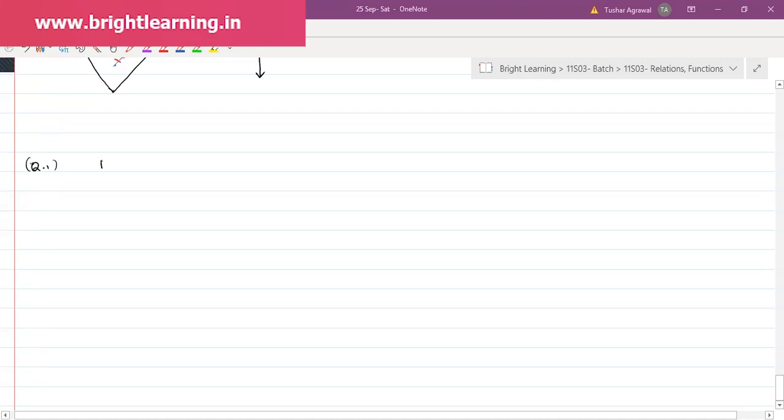Modulus of x. This graph you already know. Very simple graph. Draw a rough sketch of, first, y equals modulus of x minus 2.